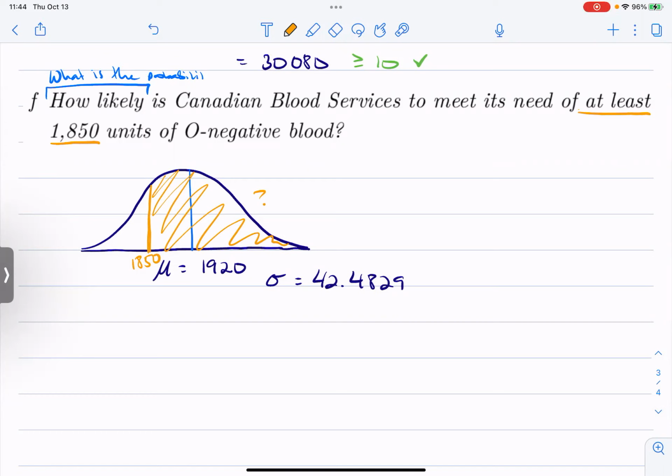It's been a little while since last week that we did any normal distribution things. But from here, if I want to find an area under the curve, I first need to calculate the Z-score, and then I'm going to use the Z-table. Remember that the Z-table gives you the area to the left, so then we need to use the 1 minus. It's all intertwined here.